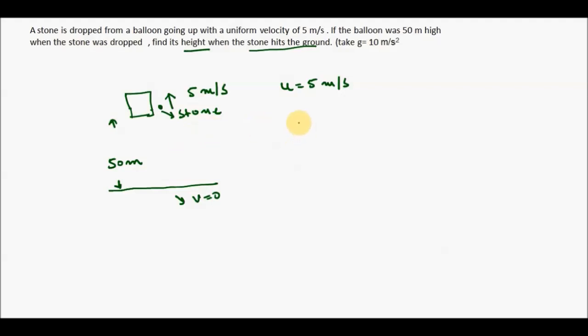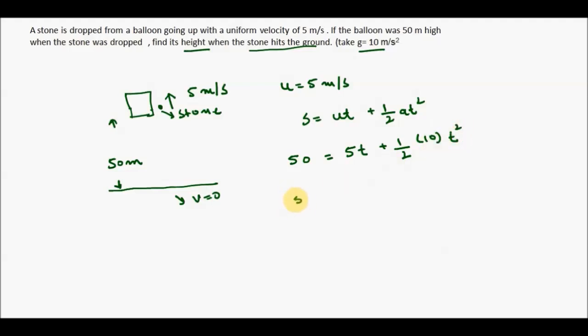So the time will be simply calculated from the second equation of motion, and that will be simply S equals ut plus half of at squared, right? Now since the distance is 50 meters, I'll substitute it here, and its initial velocity is 5, time will be as it is, plus half of acceleration, it is given that acceleration is 10 meters per second squared, so I'll write it here 10, and t is as it is, right?